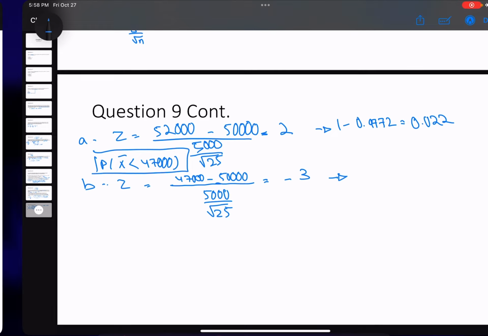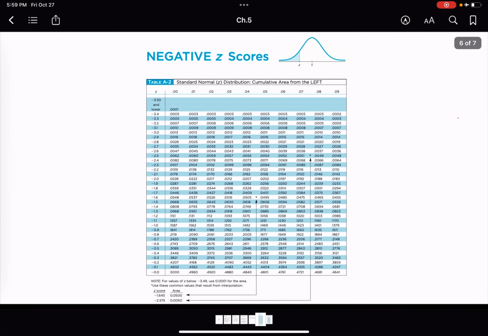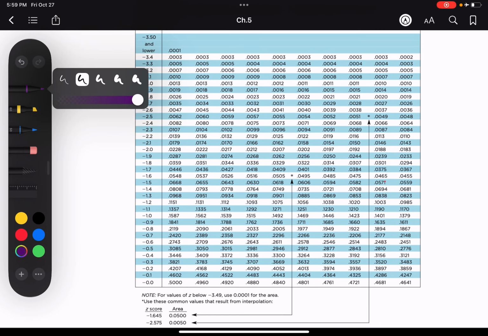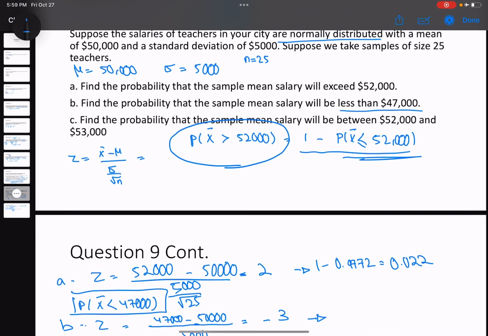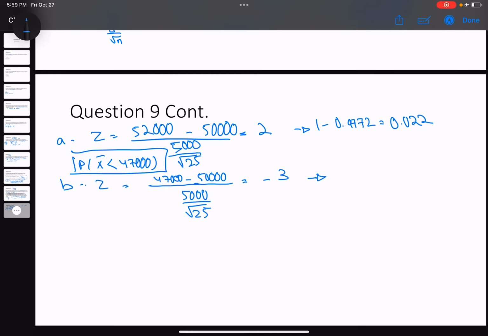Using the negative z score table for minus 3, the probability of x bar less than 47,000 would be 0.0013 or 0.13%.